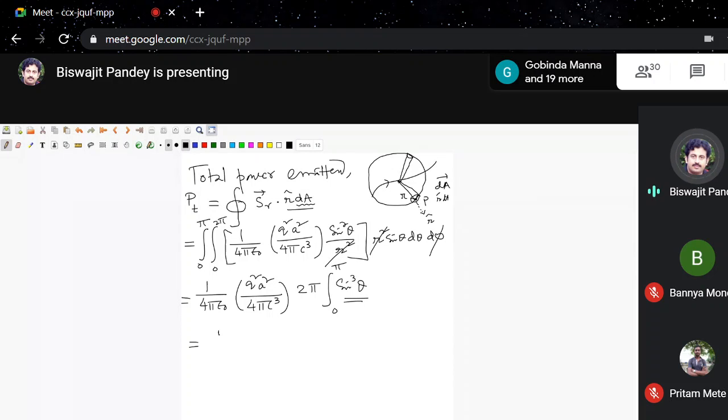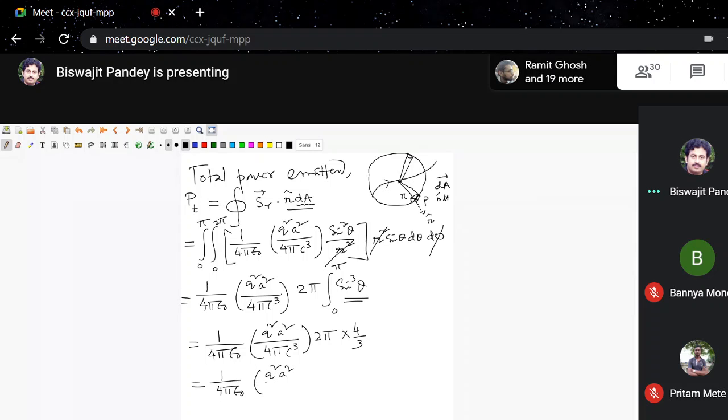So this will be 1 over 4 pi epsilon 0, q square a square divided by 4 pi c cube, into 2 pi, and this integral gives 4/3. If you simplify this further, the 4s cancel, and you get twice q square a square by 3c cube, with the 1 over 4 pi epsilon 0 factor.